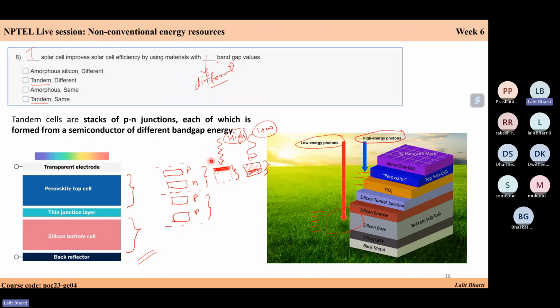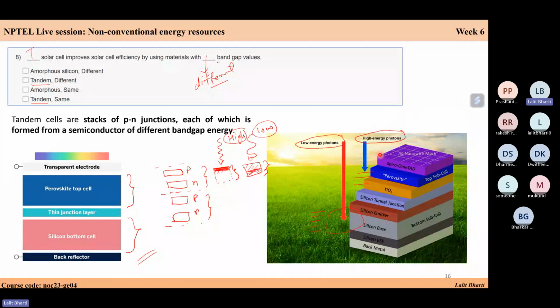So what we can do is make a hybrid system which has one layer of this type of solar cell and one layer of this type of solar cell. The higher energy photons will be absorbed here, and the lower energy will penetrate through and be absorbed here. So this is the example: we have a TiO2 type perovskite solar cell.